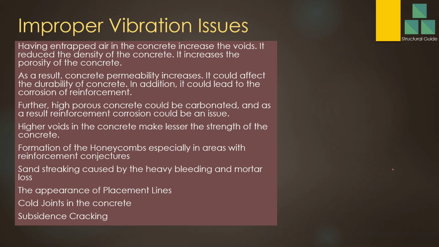Formation of a cold joint could also occur, but this is related to other parameters as well, like setting time. But if the two surfaces are separated, there may be a joint. Therefore, it is always advisable to overlap the vibration when you do concrete vibration.